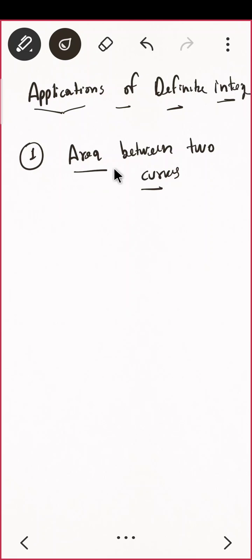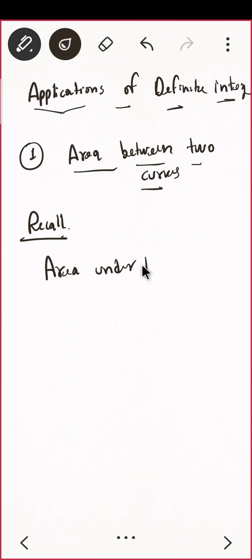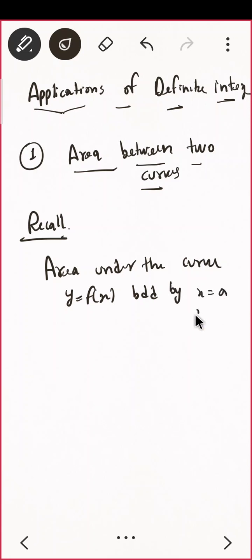Correct? So let us recall something first. What is area under the curve? What do you mean by this?